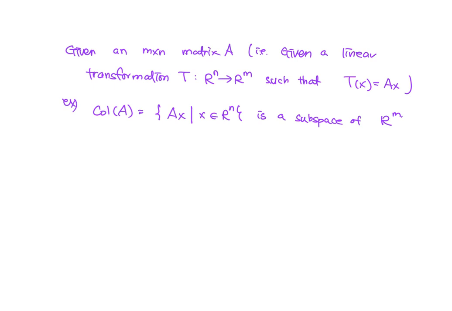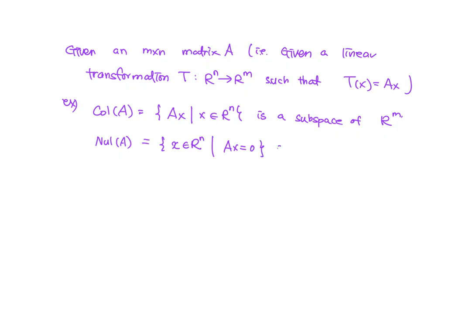And then the null space was the collection of vectors in the domain such that the image of those vectors is just 0.